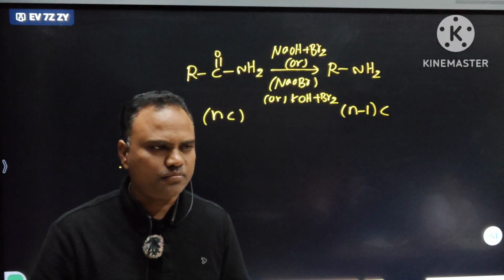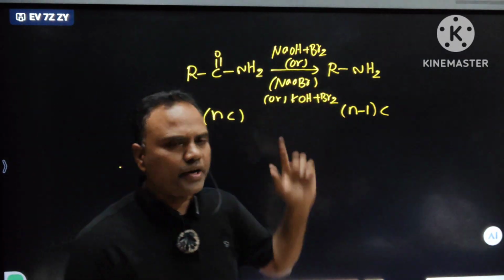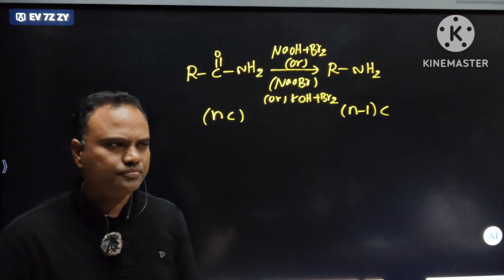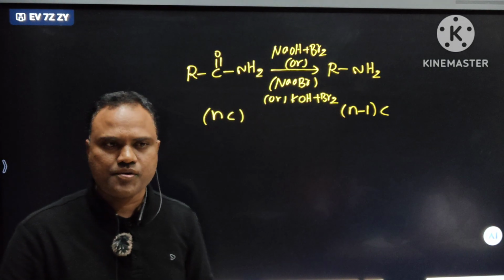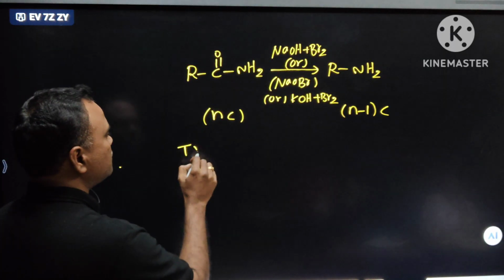How to write the product? We are taking amide and we are writing amine. How to write the product with shortcut? See, trick.